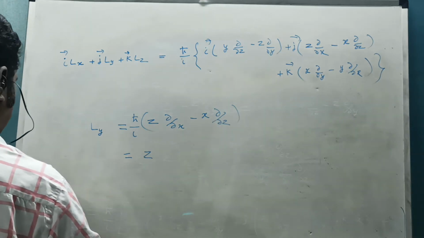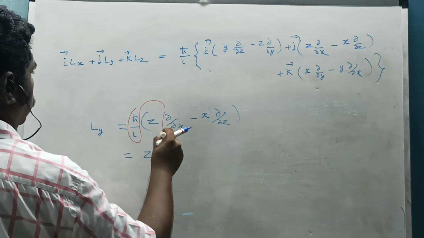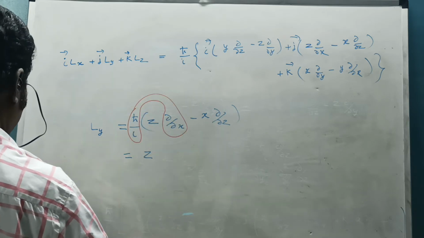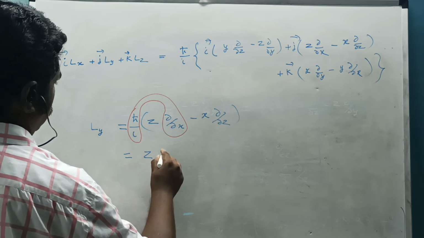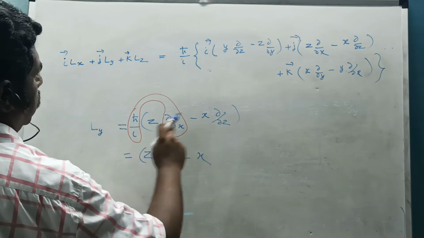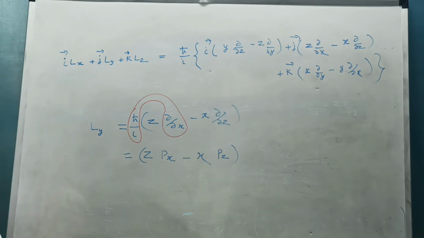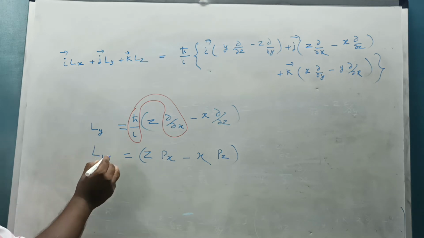Now, z into ħ/i ∂/∂x is our px, minus x into ħ/i ∂/∂z is pz. So z px minus x pz is the value of Ly.